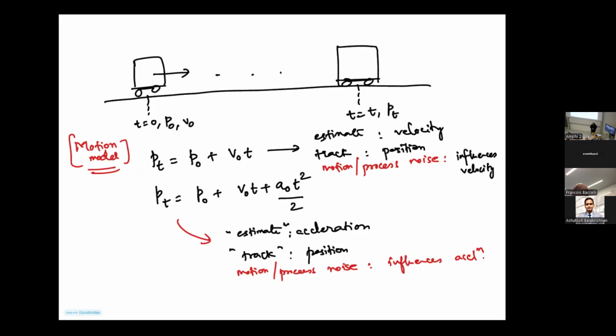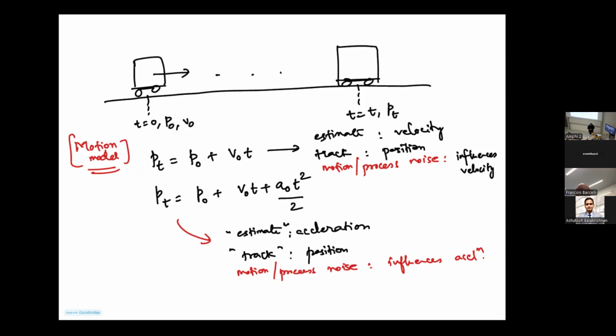So if we have basic Newtonian mechanics, the position at t is the initial position plus v times t. The first equation is with respect to constant acceleration, and if the acceleration is not constant, or if we want to measure the acceleration, we have a nonlinear equation, quadratic in time.